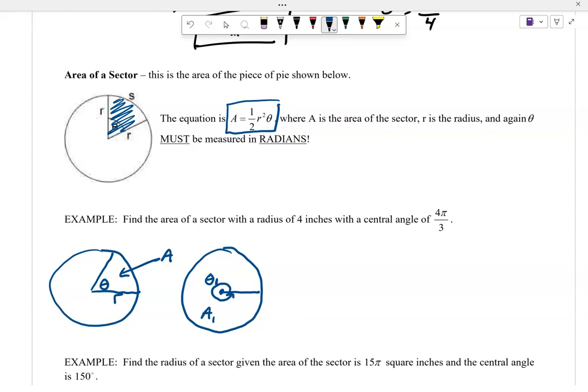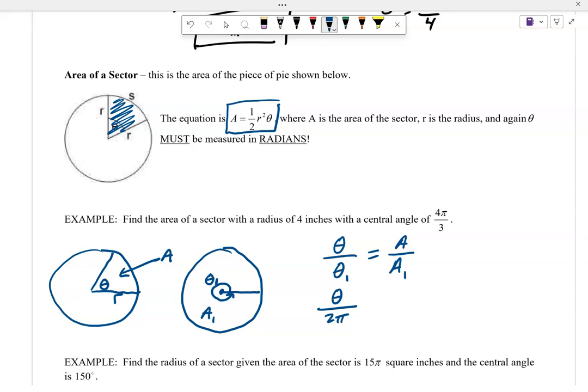Okay. So let me set up a ratio. So theta is to theta 1 would be the same proportion as the little area to the entire big area. Okay. Well, we know theta 1 all the way around in radians is how much? 360 degrees, but in radians we know that's 2 pi, right?